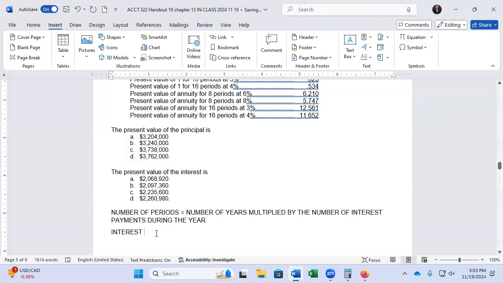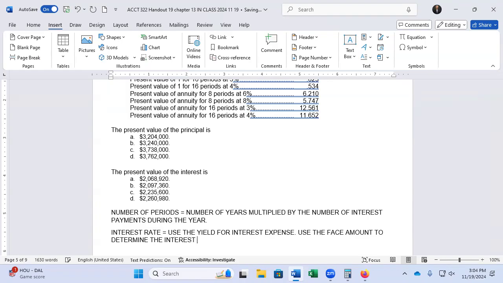Interest expense, interest rate: use the yield for interest expense. Use the face amount to determine the interest payment.